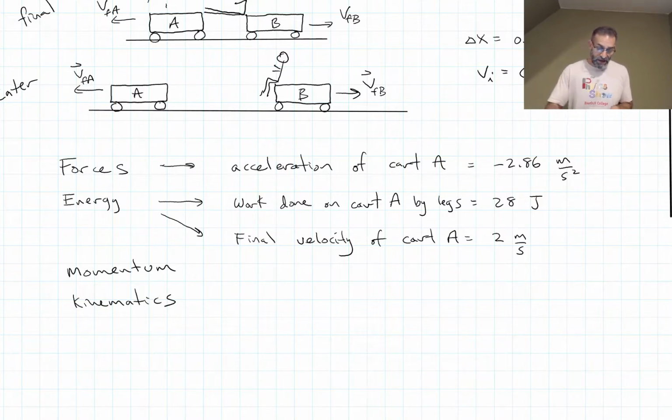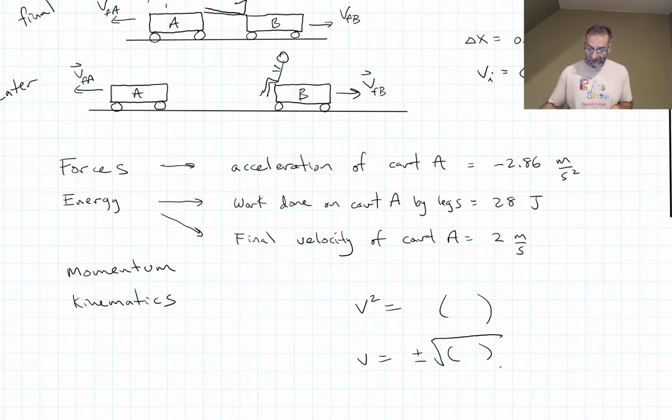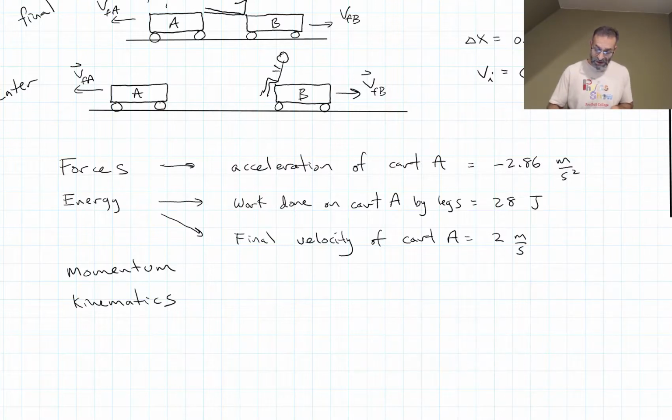And what we should have done when we took that square root, we should have said V squared equals something, V is equal to plus or minus the square root of that thing. And really, in this case, we should have had the negative root. But we found the magnitude of the velocity with this equation. 2 meters per second is the magnitude.